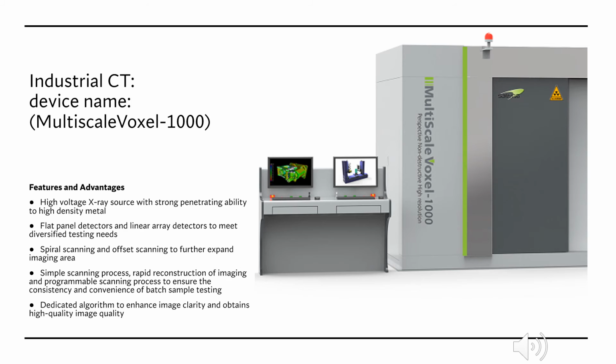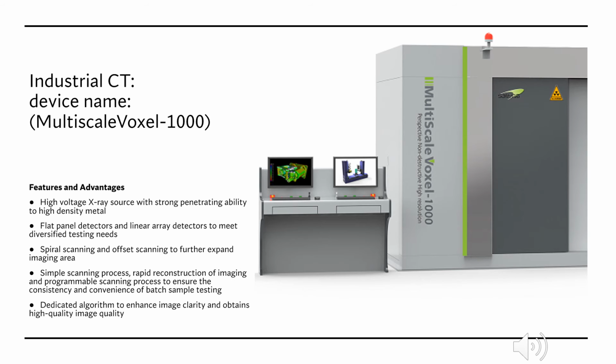The device name is Multi-scale Voxel 1000. The features and advantages of the device are a high voltage X-ray source with strong penetrating ability to high density metal. It has a flat panel detector and linear array detector to meet diverse testing needs.